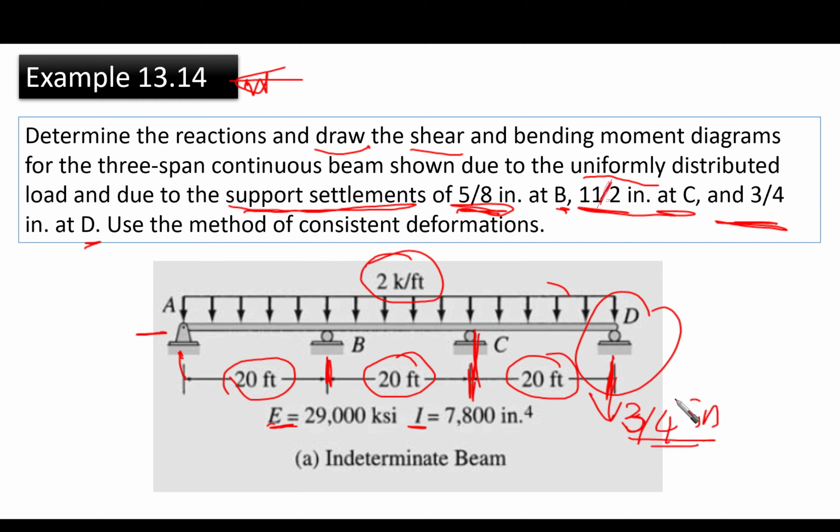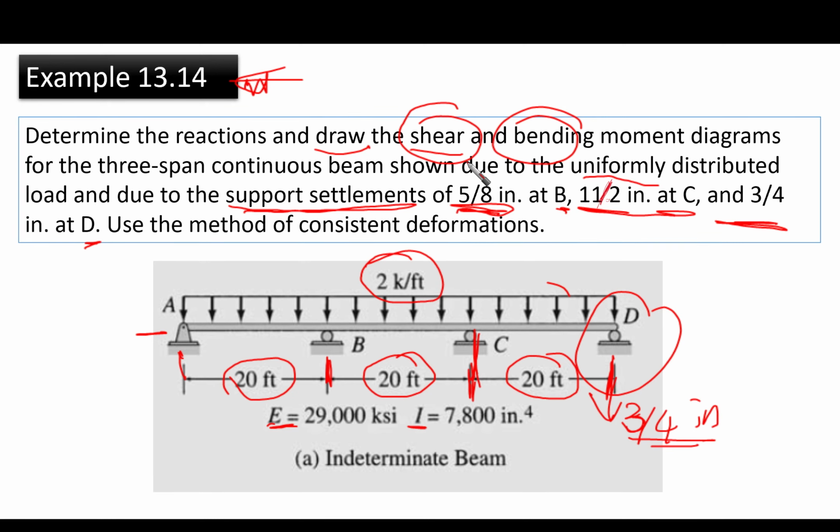So we need to use the method of consistent deformations in order to draw the shear and bending moment diagrams. We want to know how we are going to use our consistent deformation method for drawing the shear and bending moments.